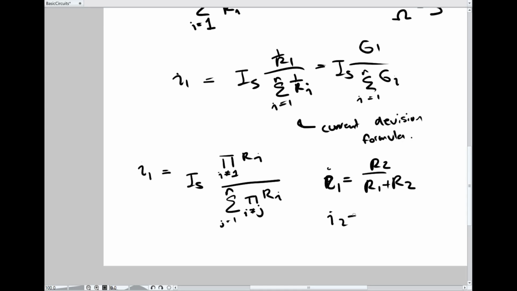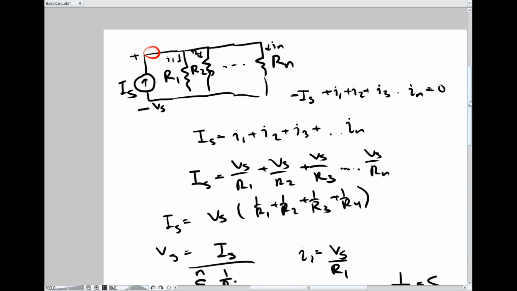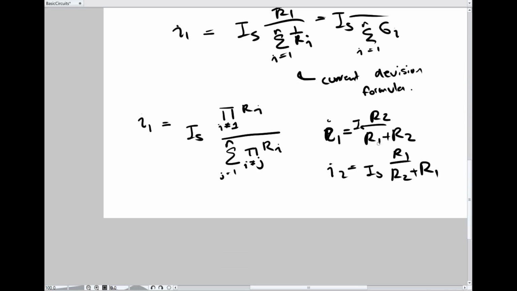Or I2 is equal to I source times R1 over R2 plus R1. And this should make sense because resistance sounds like it resists things. More current should go down the path of less resistance. So my current should go like the resistance of the opposite resistor. So if the opposite resistor is bigger, I get more current, right?